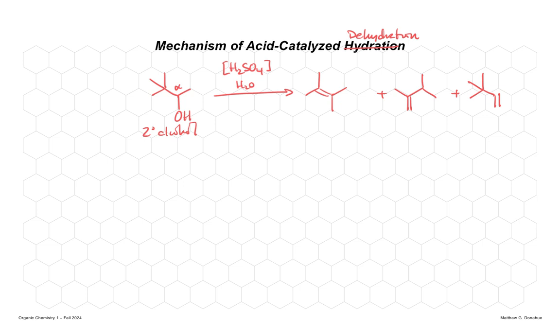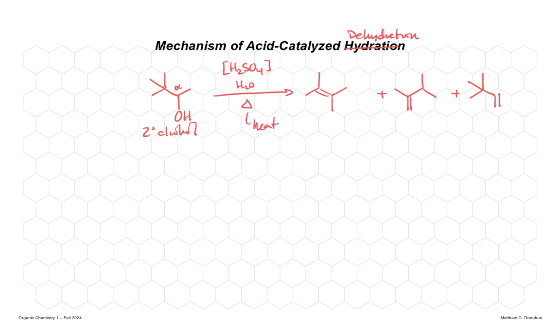So we had seen that the secondary alcohol, when treated with a strong acid in the presence of water, will undergo dehydration. So really, under these conditions, you really need a strong acid, and I should put in here heat.